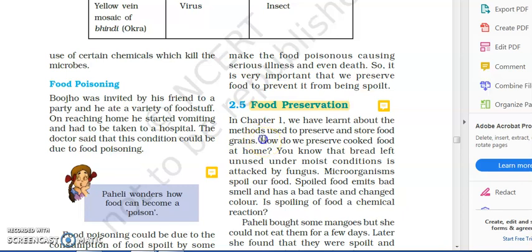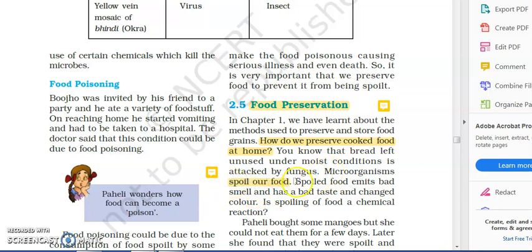There is one question: how do we preserve cooked food at home? We can preserve cooked food at home by keeping the food in the refrigerator and reheating the food. In this way, we preserve the cooked food. Some microorganisms also spoil our food.